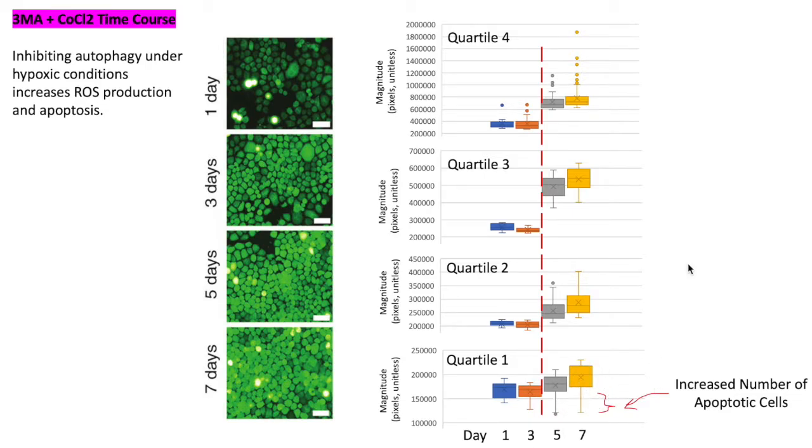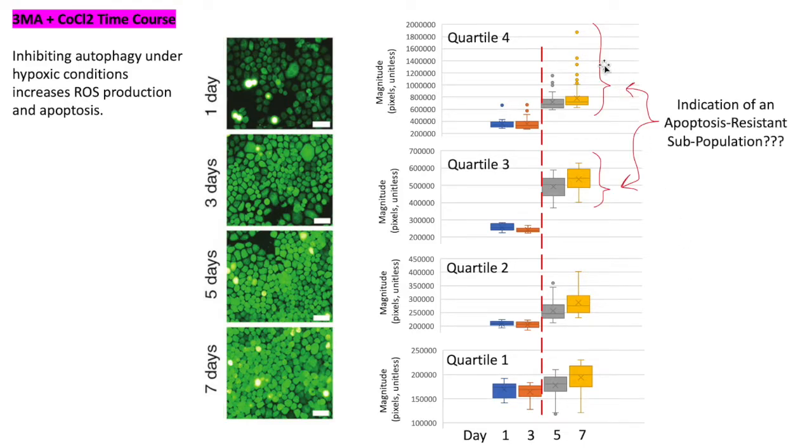But an even better insight from this data comes from quartiles 4 and 3, because these quartiles indicate that there is an apoptosis-resistant subpopulation within these cells. And we can derive this because the authors show that when you treat with cobalt chloride, that induces hypoxia and autophagy, but when you then also treat with methyladenine, it blocks autophagy and increases apoptosis.